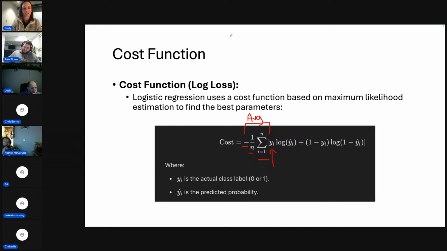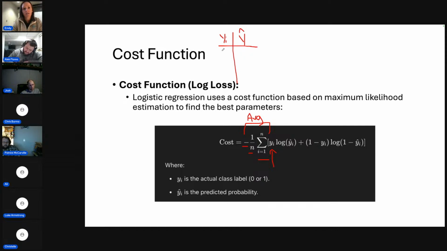So let's say I need to make a table here. We have y, which is our ground truth. That's our y true, or our y test. And then we have, what did our model predict? So we have y hat.